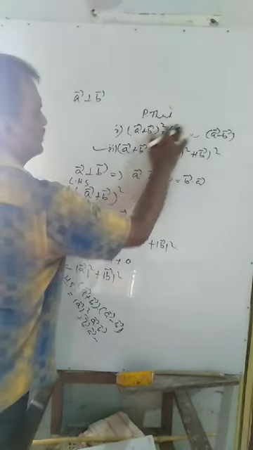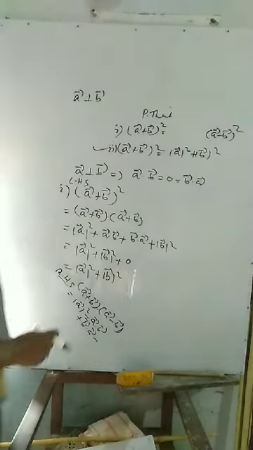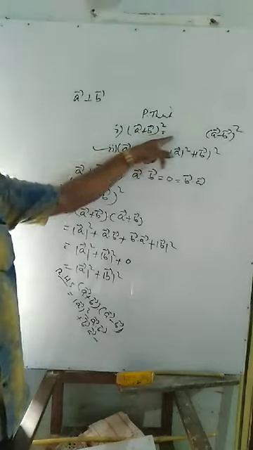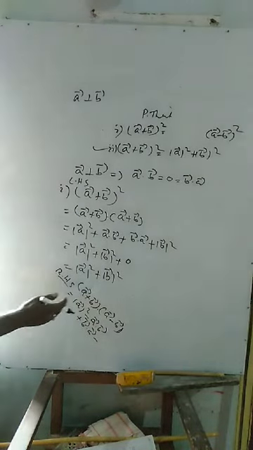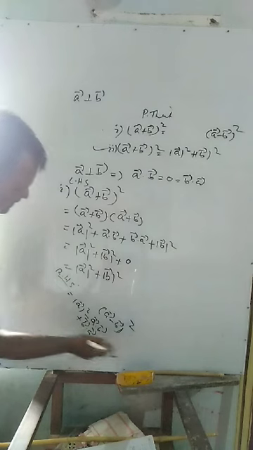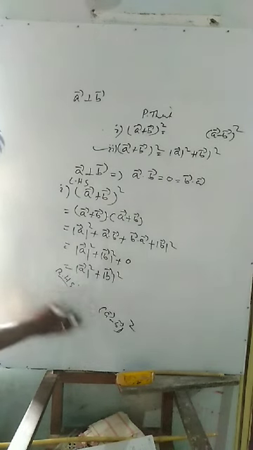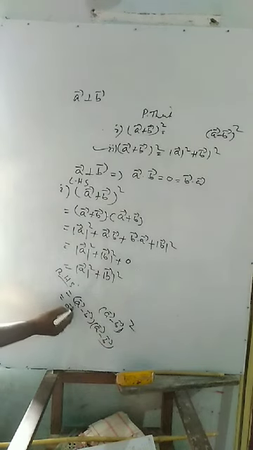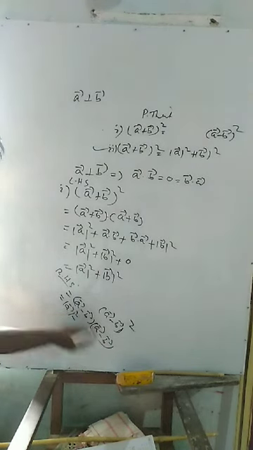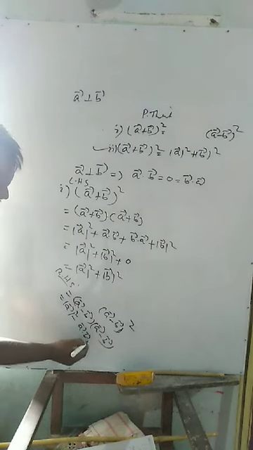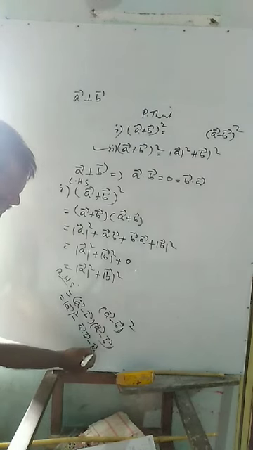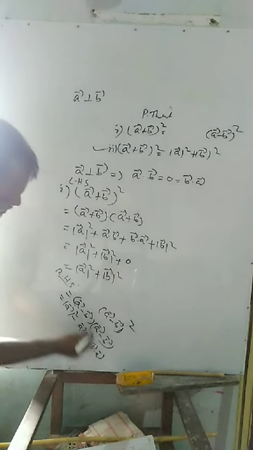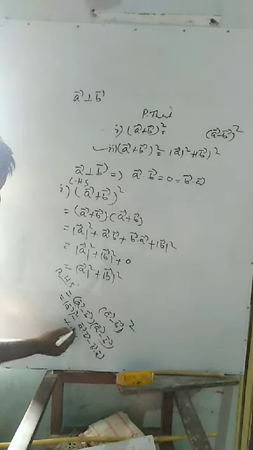Here, this one equals this one, we have to prove: (a plus b) whole square equals (a minus b) whole square. The RHS is given as (a minus b) whole square. So instead of this you write (a vector minus b vector) into (a vector minus b vector). Multiplying, a vector square minus a dot b minus b dot a plus b square.